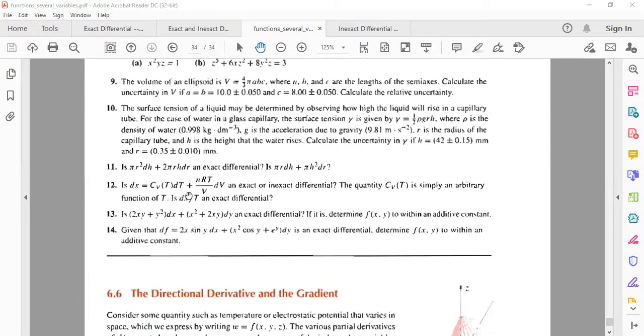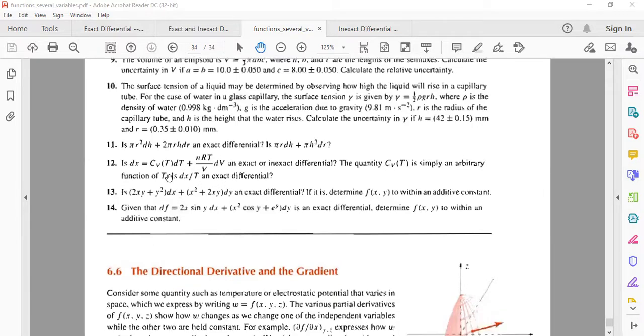The quantity CV(T) is simply an arbitrary function of T. In thermodynamics, this CV is nothing but heat capacity at constant volume. Is dx by T an exact differential?